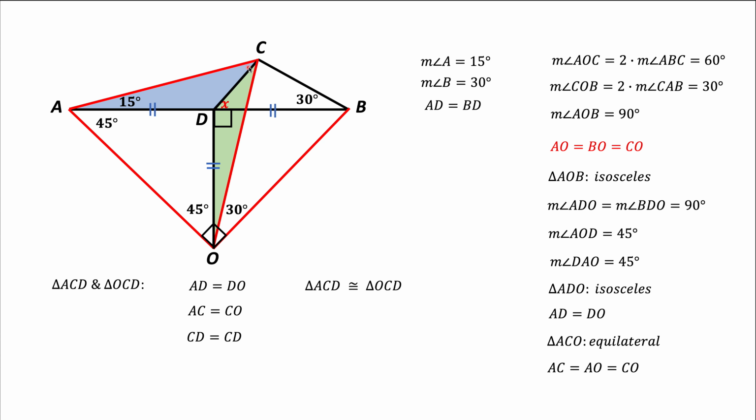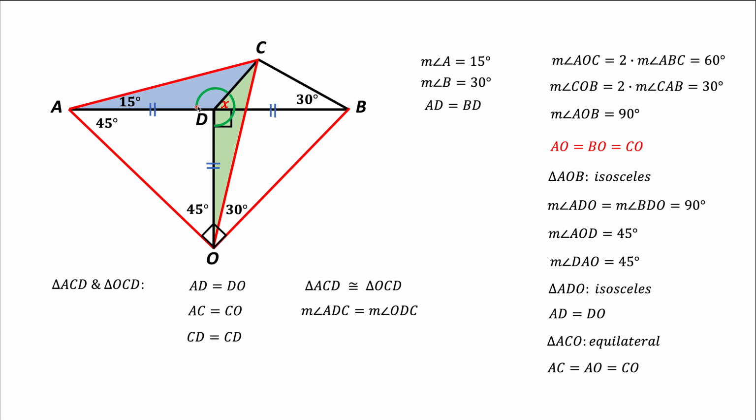And since these triangles, the bluish one and greenish one, are congruent, it means that all the corresponding angles are congruent. The angles we're interested in are those angles D, so ADC and ODC. They're congruent.